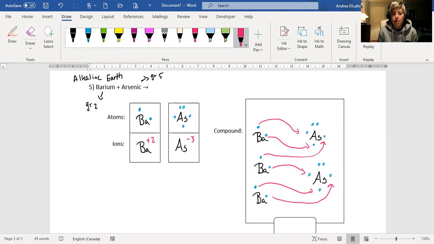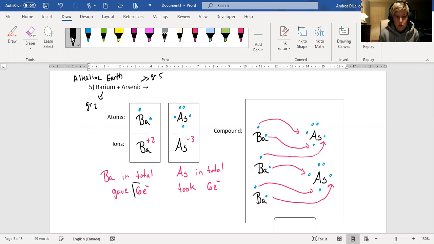Now, if we look at this, I had 3 bariums, and each barium gave up 2 electrons. So that means my barium in total gave 6 electrons. My arsenics each had spaces for 3. So that means my arsenic in total took 6 electrons.